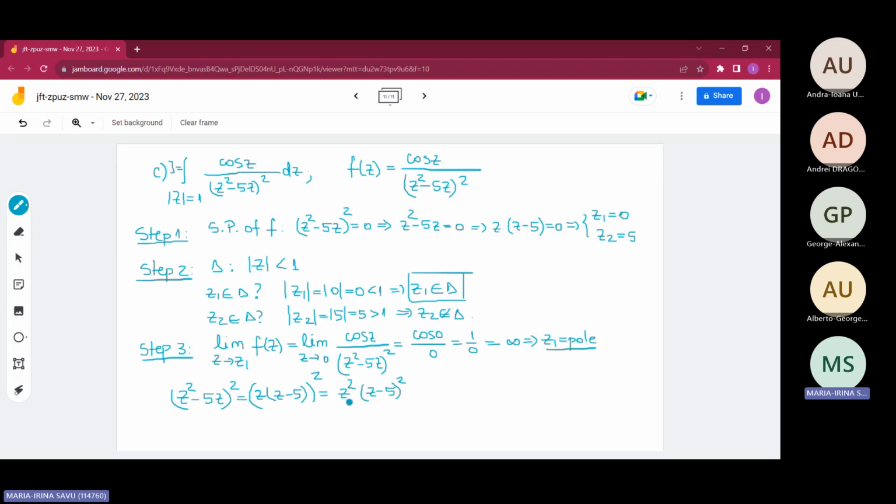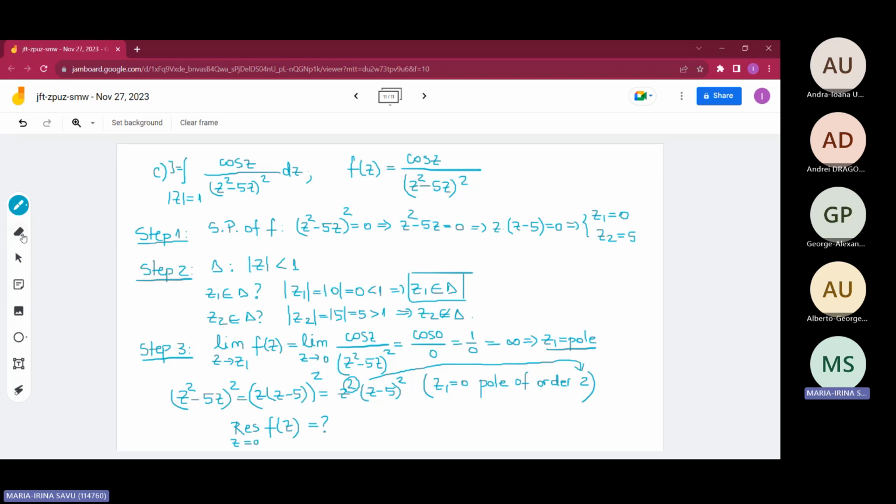And from this fact, you have that z1 equals 0 is a pole of order 2. Sorry, I'm sorry.